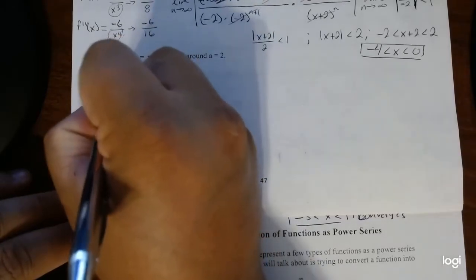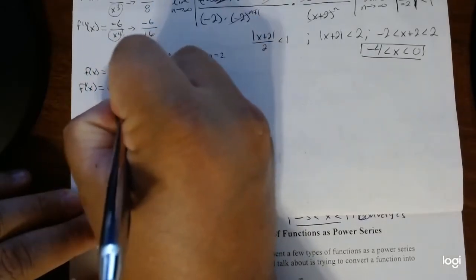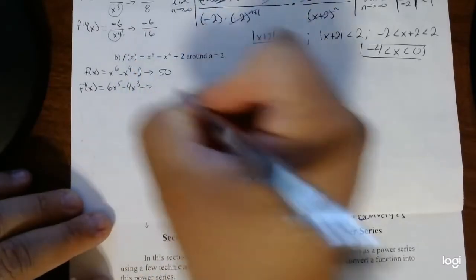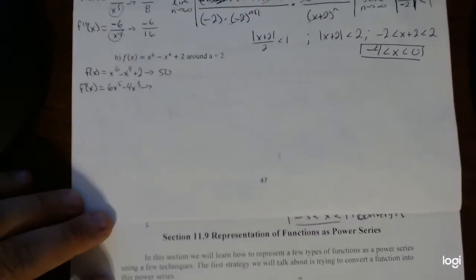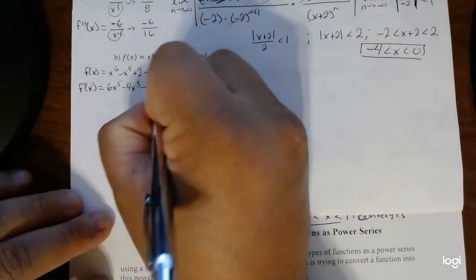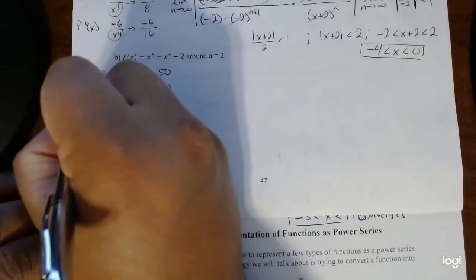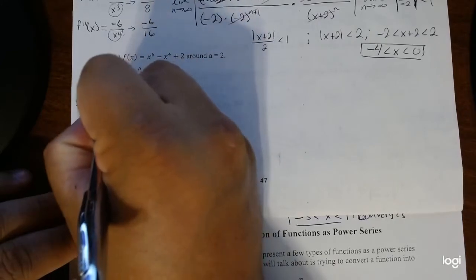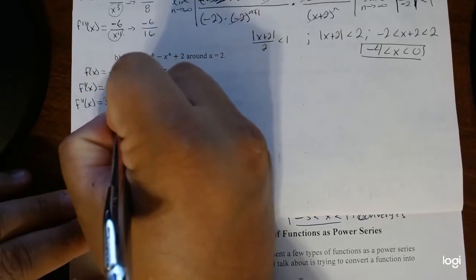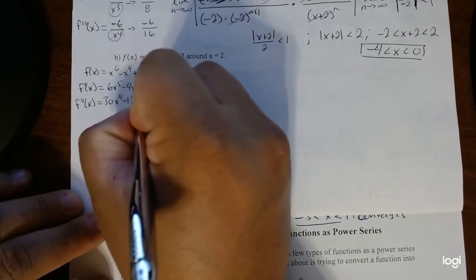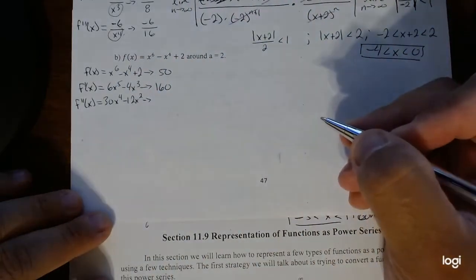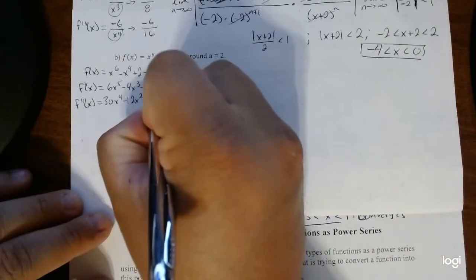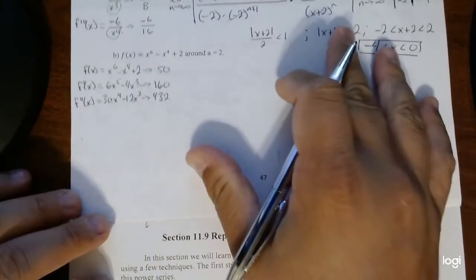This ends up being 6x to the 5th minus 4x to the 3rd. Plug in 2, we get 160. Take the second derivative. This ends up being 30x to the 4th minus 12x squared. Plug in 2 again, and it should give you 432.